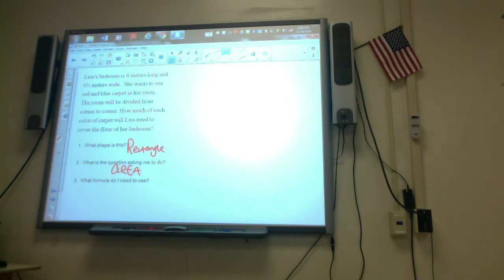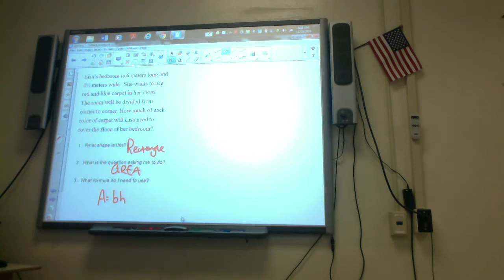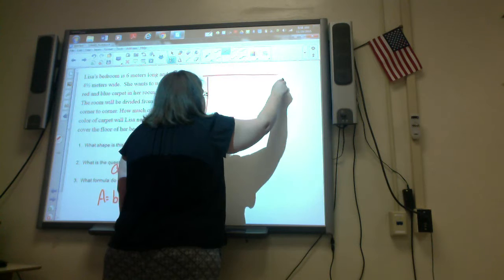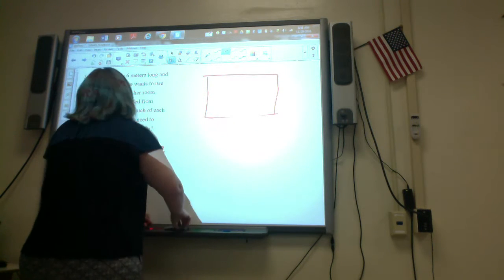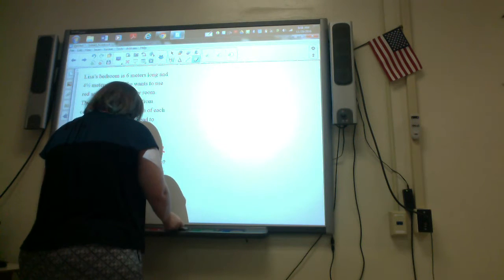So what formula do I need to use? Area equals base times height. So at this time, I'm going to draw my picture. Actually, let me do a different color.